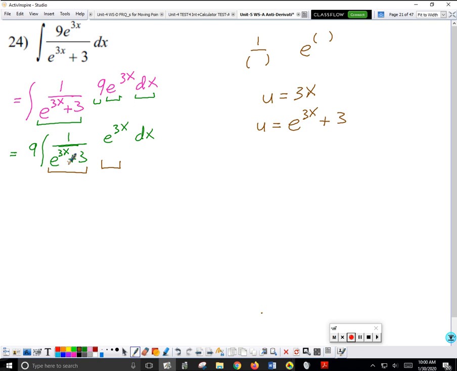So instead we'll work with the more complicated one. So we take the derivative of both sides. So d over dx of u and d over dx of this thing. So write that down.